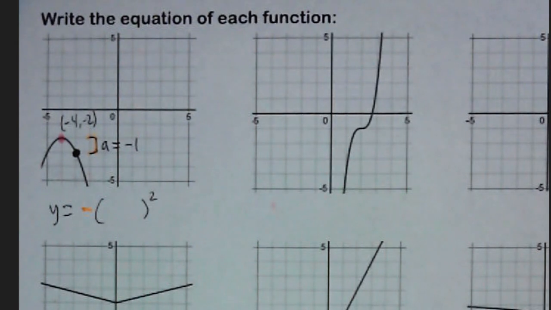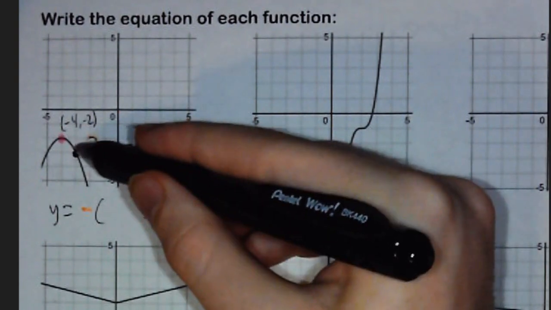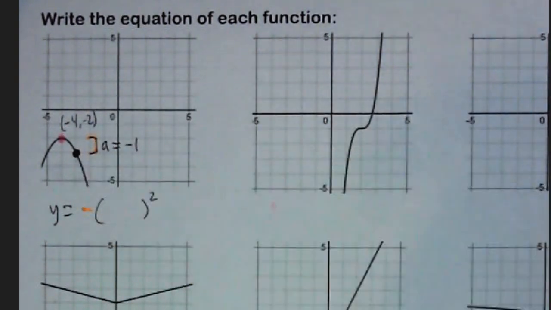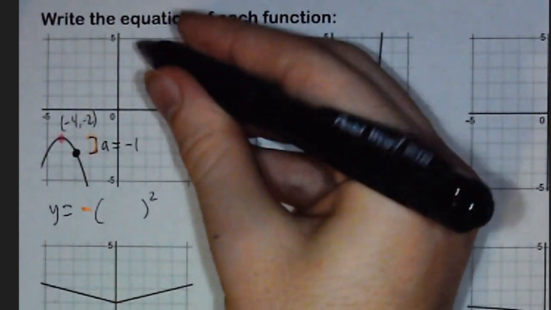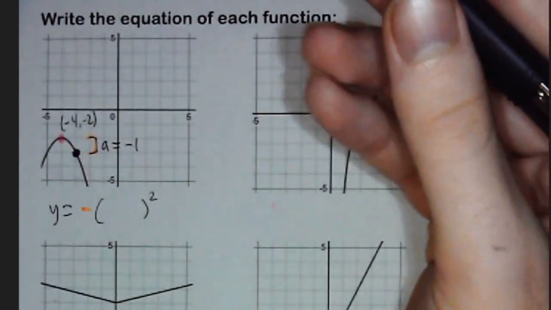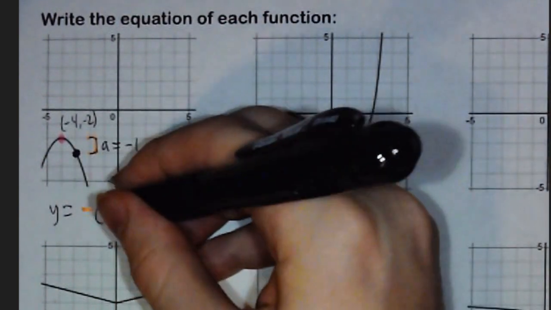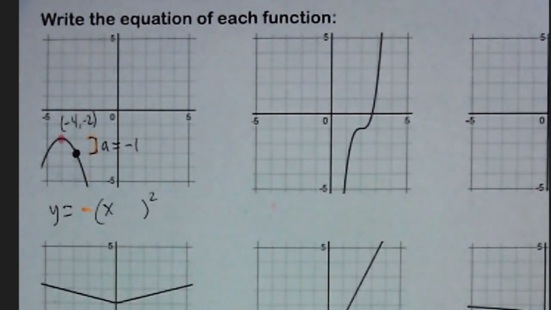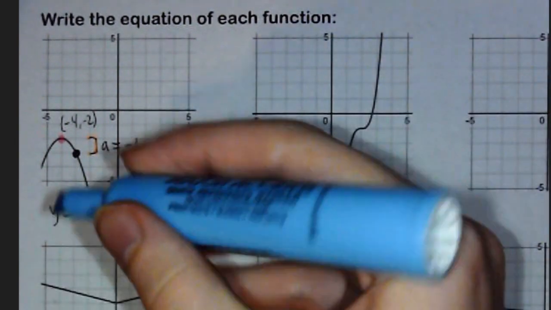But we know that a is -1, because as the graph goes 1 to the right, it goes down by 1, so a is negative 1. Then we have x minus h. So because h is negative 4, we have x minus negative 4. So that's going to be x minus negative 4, which is going to be x plus 4.